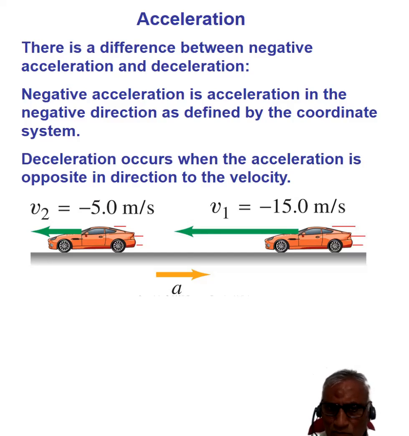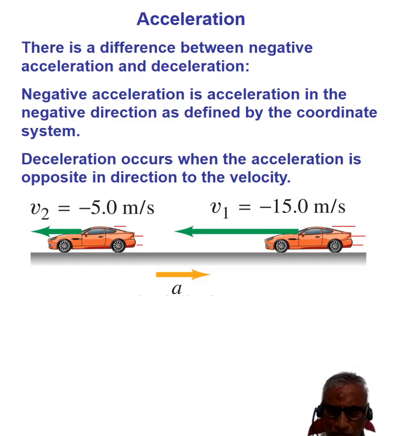The car will start moving in the positive direction. So this is a case of deceleration here because the velocity is decreasing. Acceleration is positive or negative depending on the direction. This is a positive acceleration, and the earlier one was a negative acceleration. That's what this text tells us.